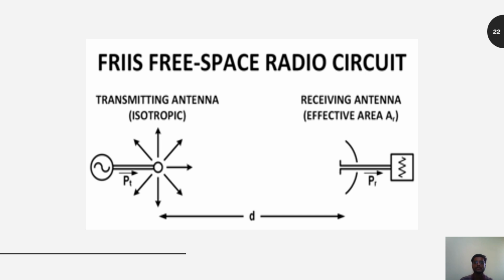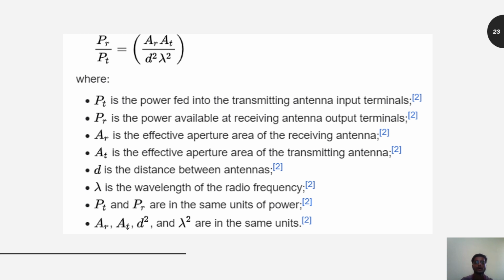Friis free space radio circuit formula: PR by PT equals AR into AT by D squared lambda squared, where PT is the power fed into the transmitting antenna input terminals. PR is the power available at the receiving antenna output terminals.